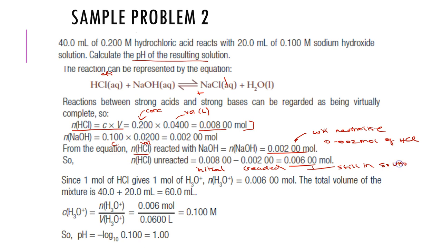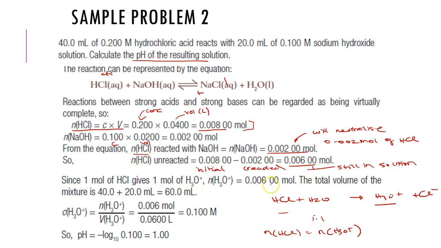Now, in order to work out the pH, I need to know what the concentration is going to be, because remember, if HCl ionizes with water, I will get H3O+ and Cl-. It's another 1:1 ratio. So the number of mole of HCl is going to equal the number of mole of H3O+.